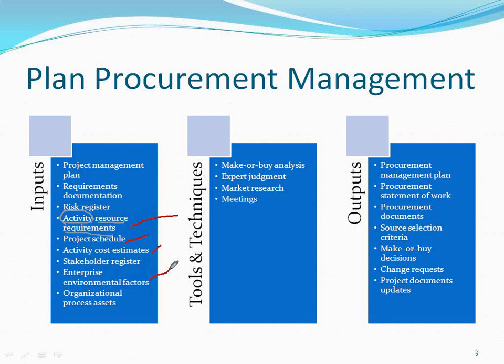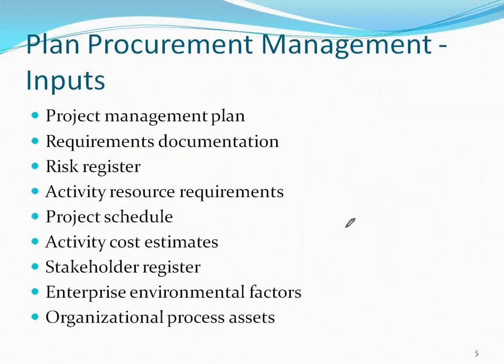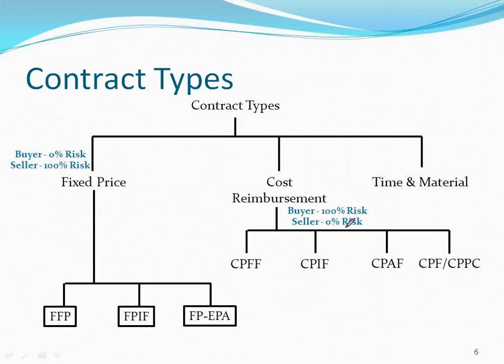Another thing, OPA. Here OPA is very important. You'll have types of contracts here. There are 3 types of contracts. For the examination, this particular topic is important. This is part of OPA. OPA is nothing but whatever policies, procedures, templates you have in the organization.